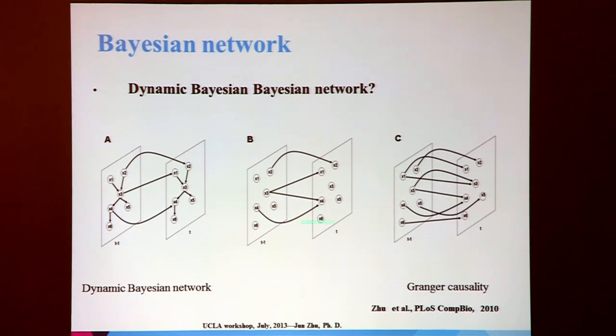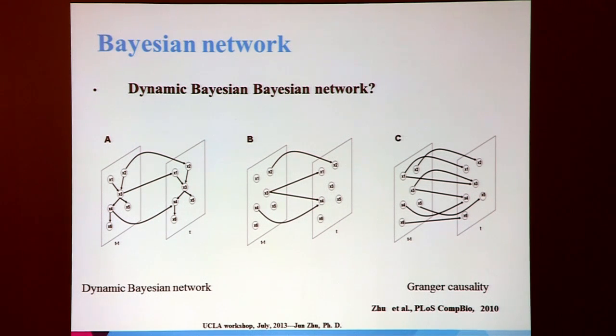There are many different forms of dynamic networks. Most of what people talk about in the literature is what we call a Granger causality network, where each slice represents one time point.